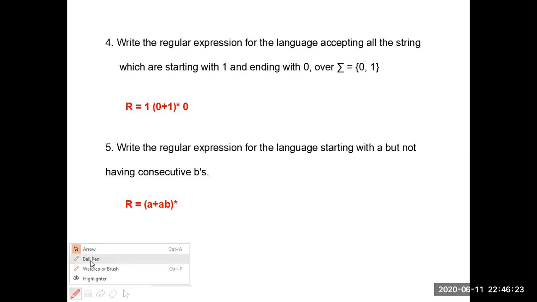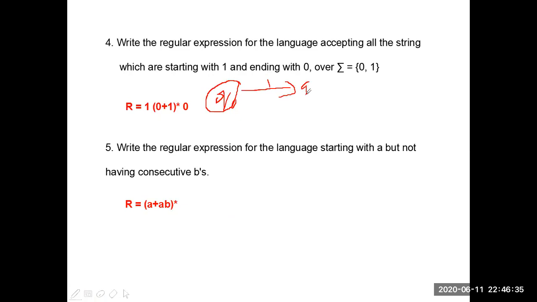From Q0, on reading 1, it is moving to Q1. The first character must always be 1. In the middle (0 plus 1) star, that means 0 or 1 can be present or not. But the initial 1 must be there, and the ending 0 must be there.